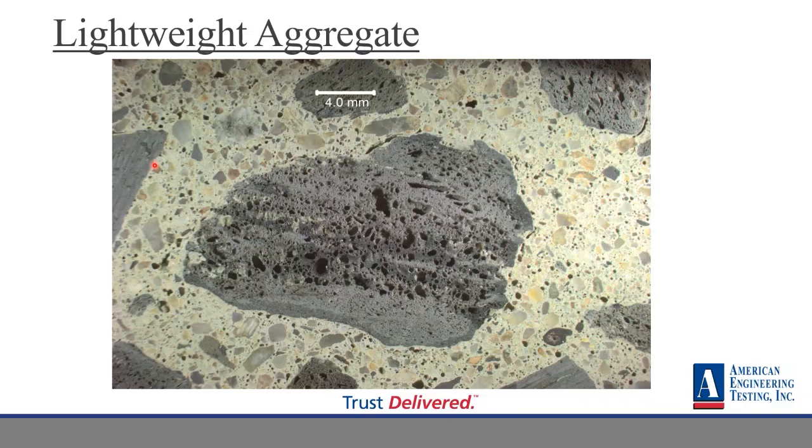And if you're not familiar, lightweight aggregates are made out of several different things. They can be natural. Pumice and perlite are natural lightweight aggregates. This one that you're looking at here is actually a manufactured aggregate. It was mined as a shale, and it's called expanded shale. The shale is heated to about 1,000 degrees Celsius, and then the gases generated expand the material. So it creates all those bubbles.